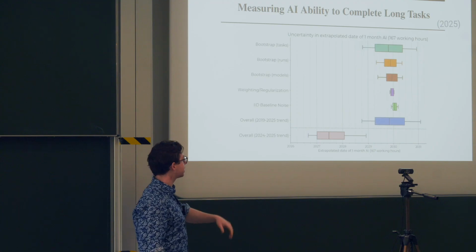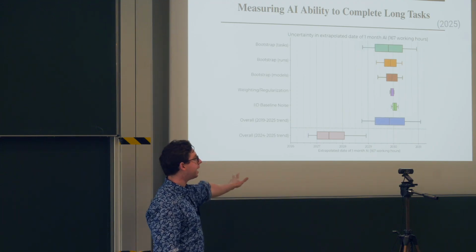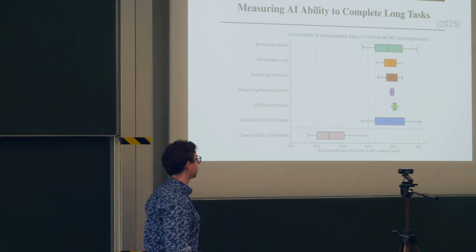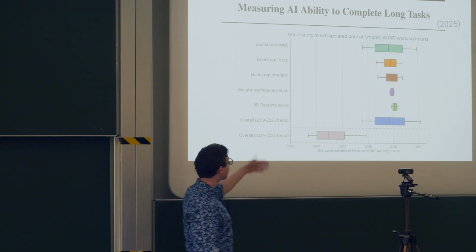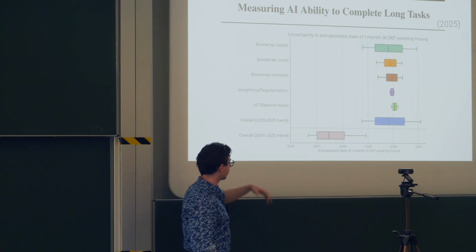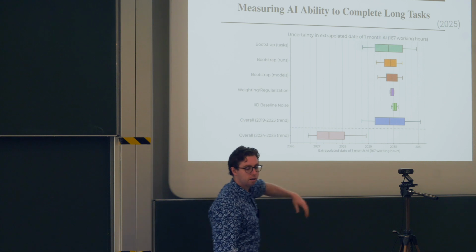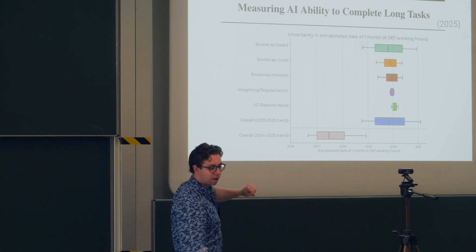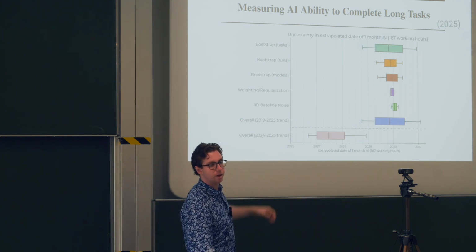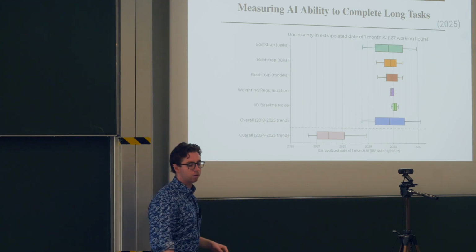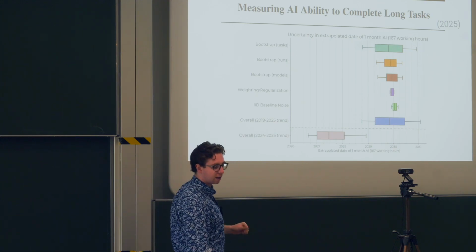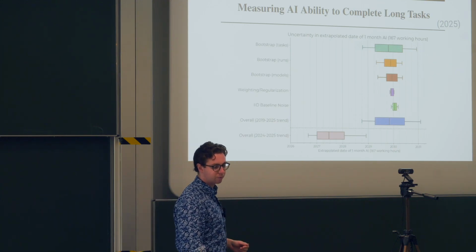So 2031 is their projection of the latest time that you would expect to see this kind of thing. If you exclude earlier data and you're only looking at recent data, this point where you reach the month mark comes much earlier. It comes mid-2027. So a couple of years away is the point where you would expect to see this.